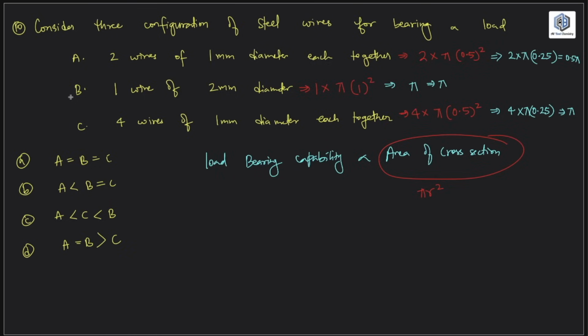So for B and C it is equal, and for A it is smaller, so option number B is the correct option. A is smaller because the area is 0.5 pi, and B and C both have the area of pi, so that's why B and C should be equal to each other.